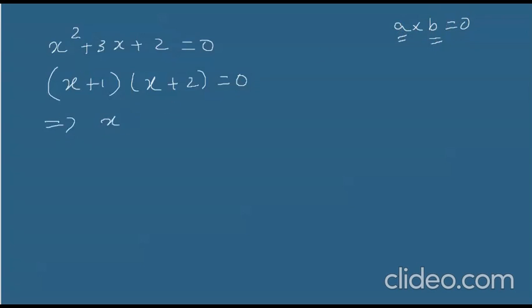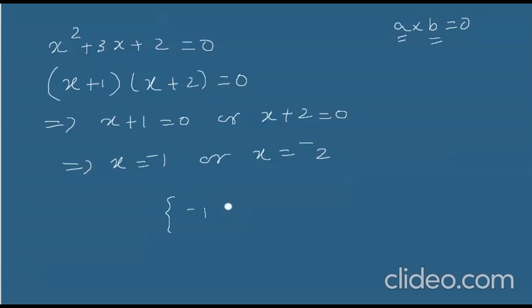So this implies either x plus 1 equal to 0 or x plus 2 is equal to 0. So x plus 1 equal to 0 implies x is equal to minus 1, or x plus 2 equal to 0 implies x is equal to minus 2. So the solutions are minus 1 and minus 2.